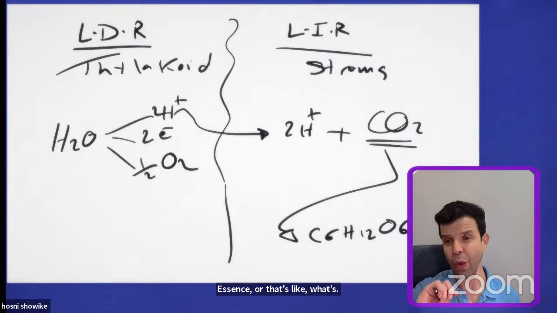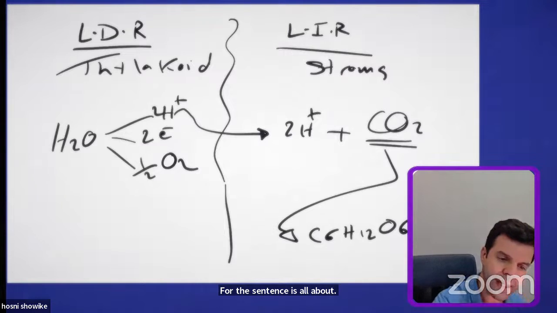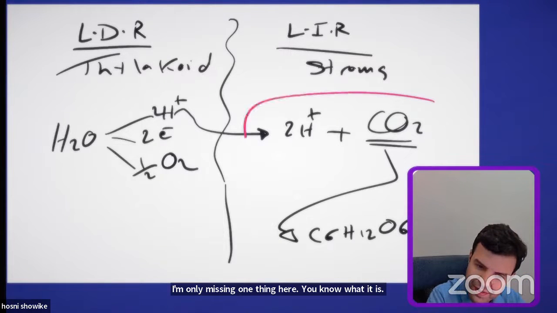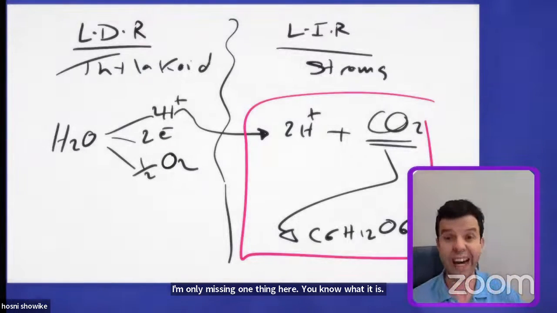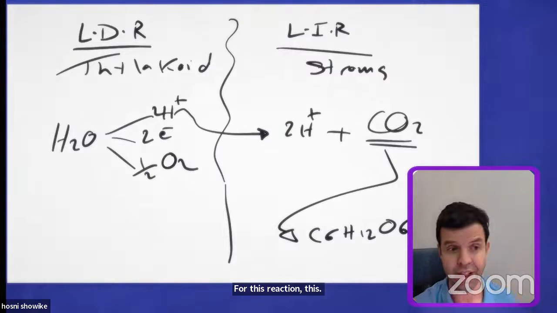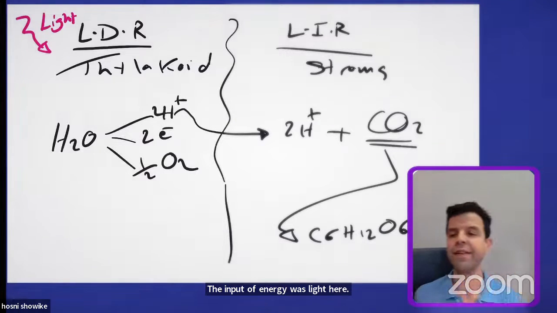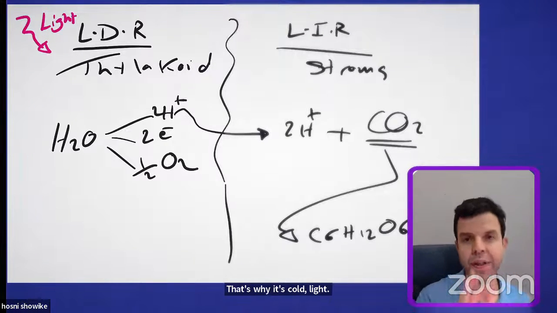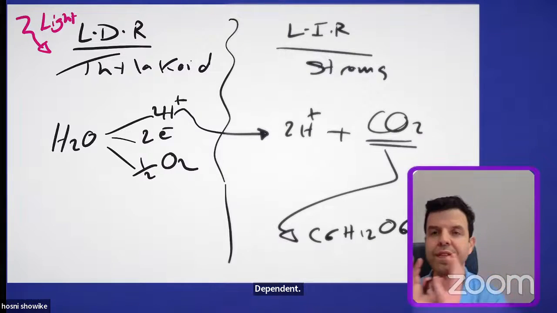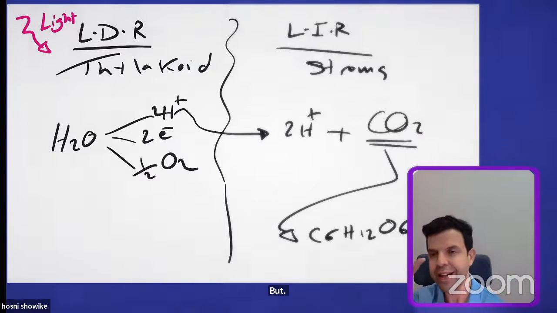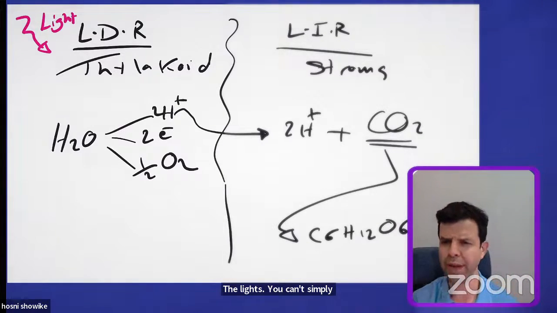I'm only missing one thing here. You know what it is? For this reaction here, I need an input of energy. The input of energy was light here, right? That's why it's called light dependent. But you can't simply take light energy and carry it from one place to another, right? Doesn't make sense.